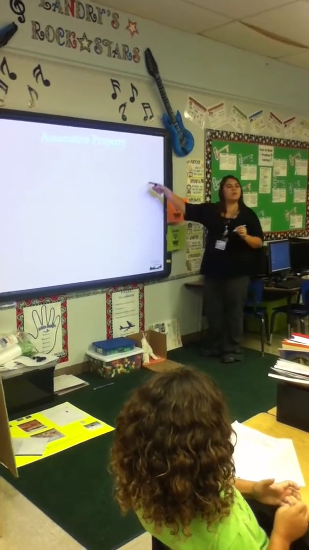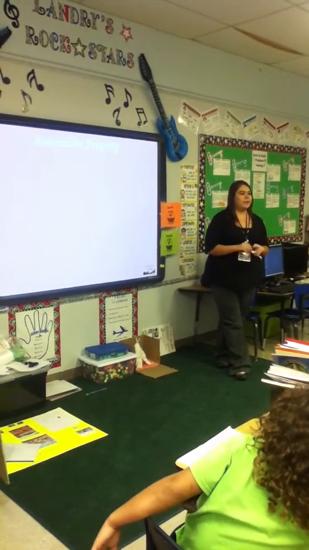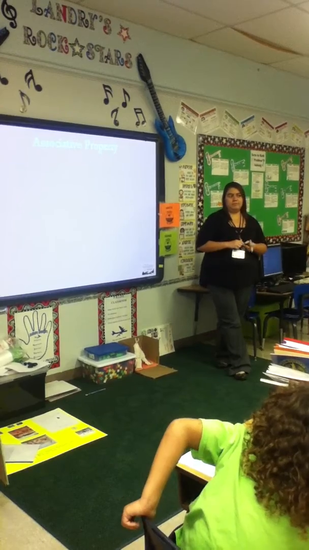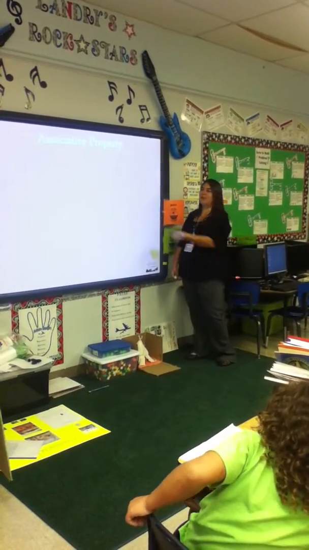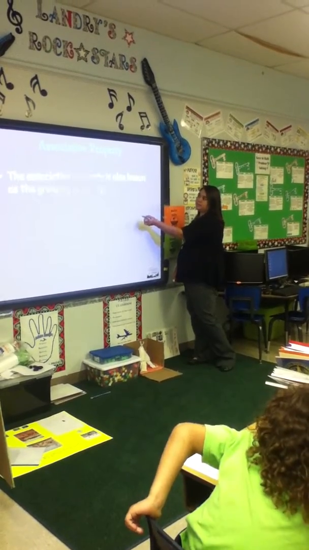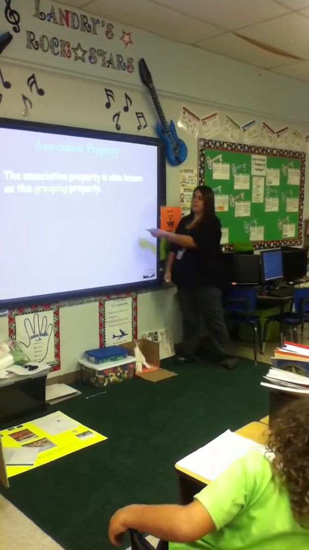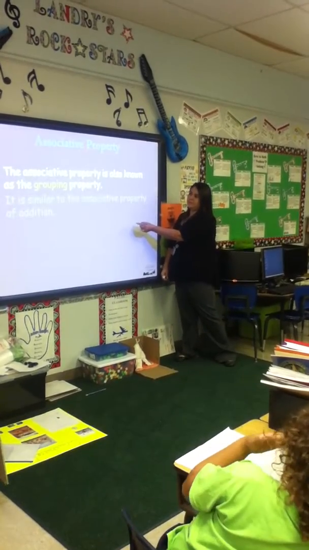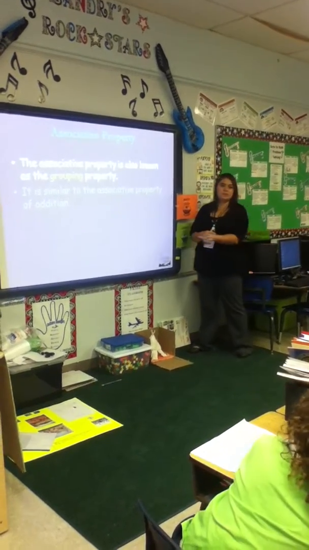Okay, so, and then we talked about the associative property. Who can tell me what is the associative property? Not sure? Okay, well the associative property is also known as the grouping property. It's similar to the associative property of addition.